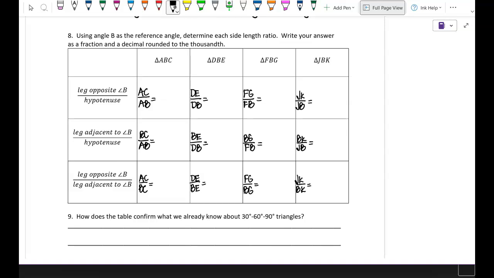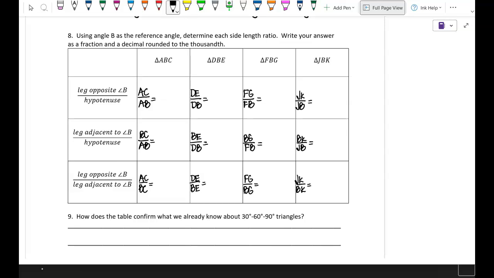So now I'm going to pause for you to fill in those ratios from your measurements on the previous page. And again, then take those ratios and turn them into a decimal with 3 decimal places. So again, the first column, triangle ABC, we should agree on these ratios because we all had the exact same triangle here.